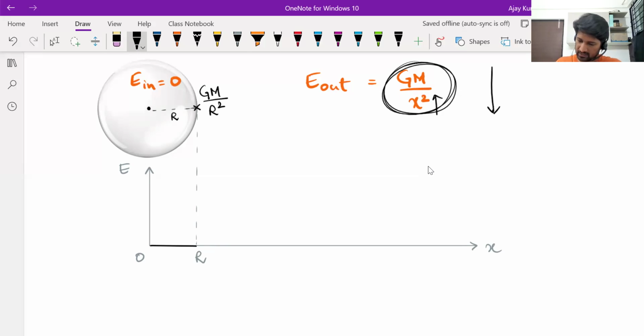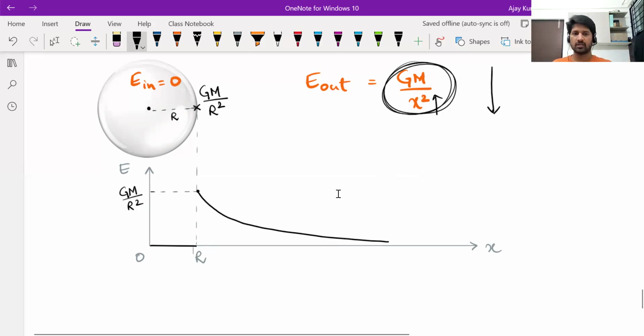So exactly on the surface, the field strength is GM by R square, and after that, the field strength decreases. Goes like this. That is how the graph will look. So what have we plotted? We have plotted a graph of how the gravitational field varies with distance from the center of a hollow sphere.